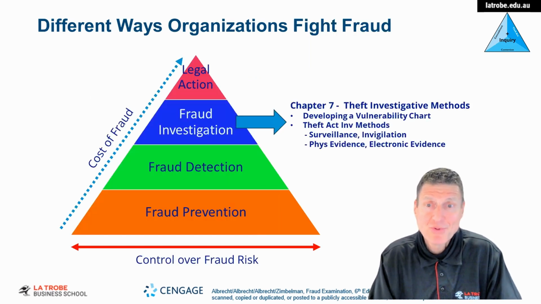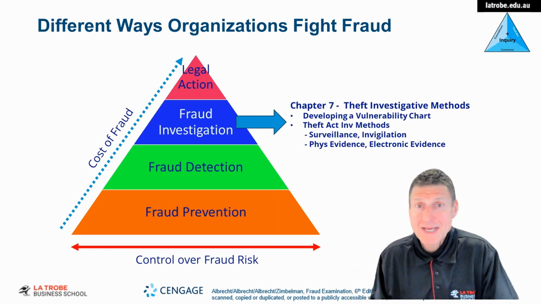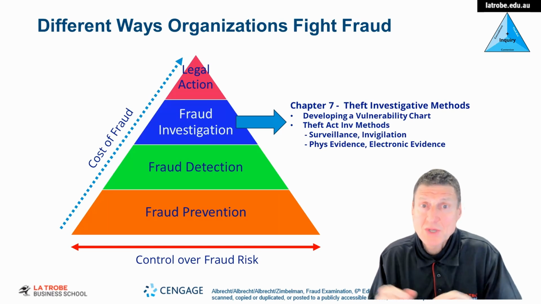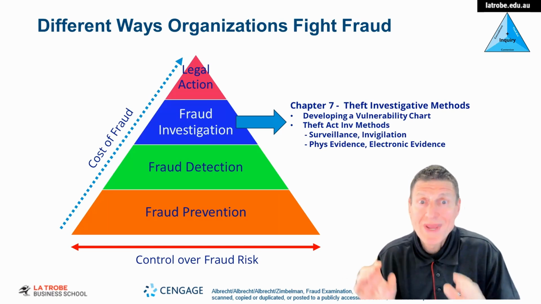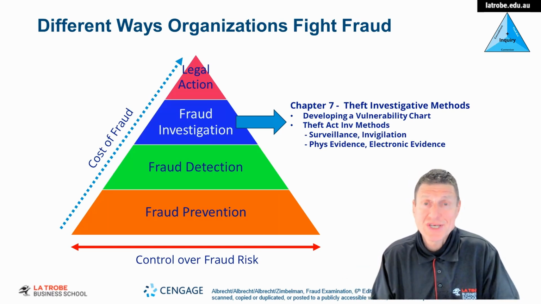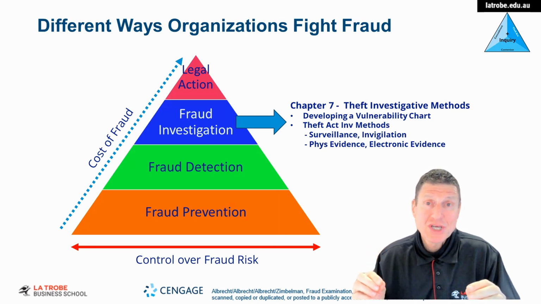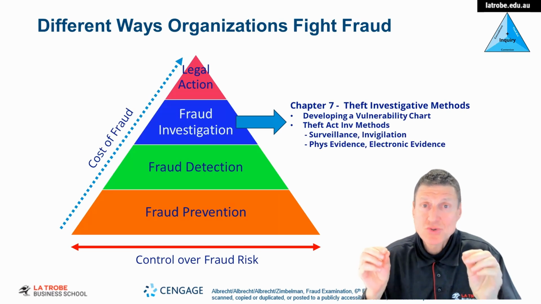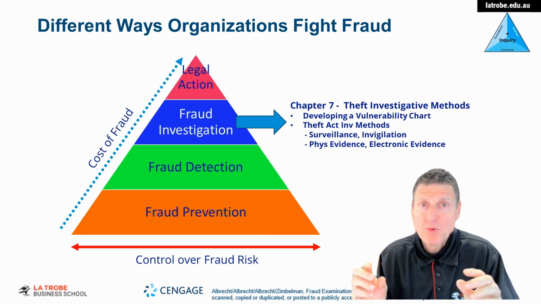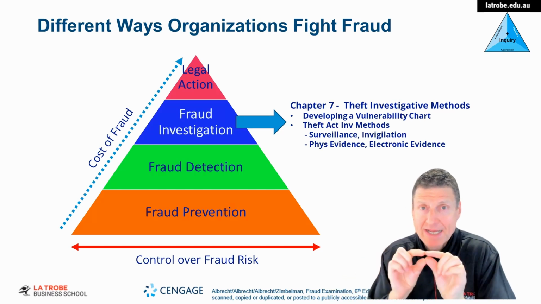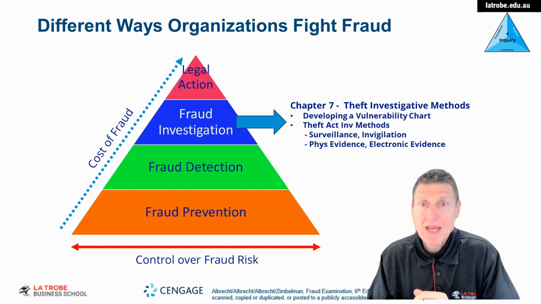And I just want to summarize these sections of videos that you have been going through in Module 7, Chapter 7. There are different ways organizations fight fraud. We are looking at fraud investigation in this section. In summary, it was all about developing a vulnerability chart, and that was setting up a strategic plan for the fraud investigation. So another word for vulnerability chart is a strategic plan.